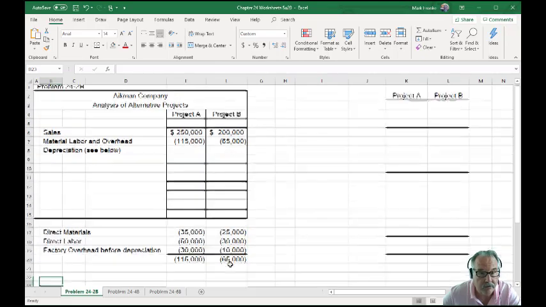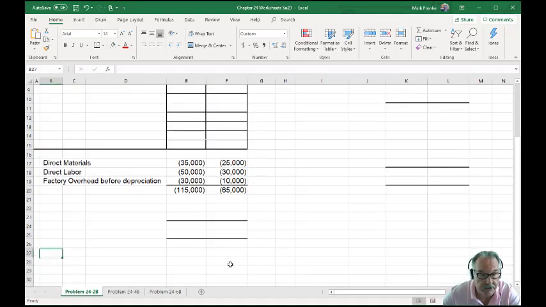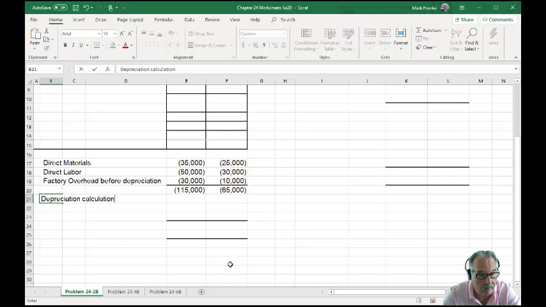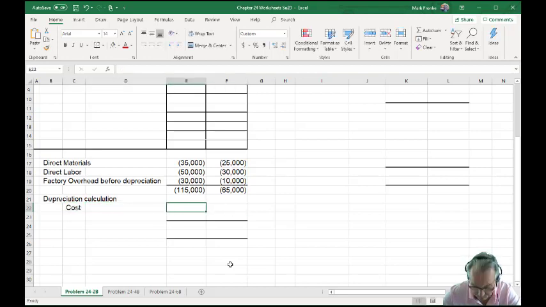So let's do the depreciation calculation. The cost of both projects is $240,000.